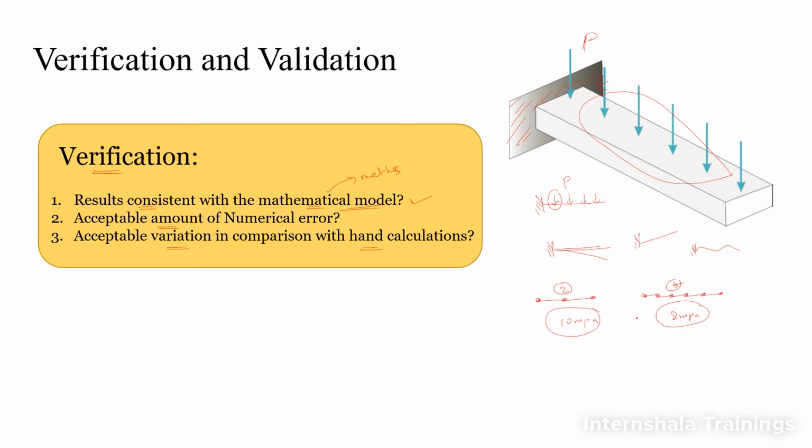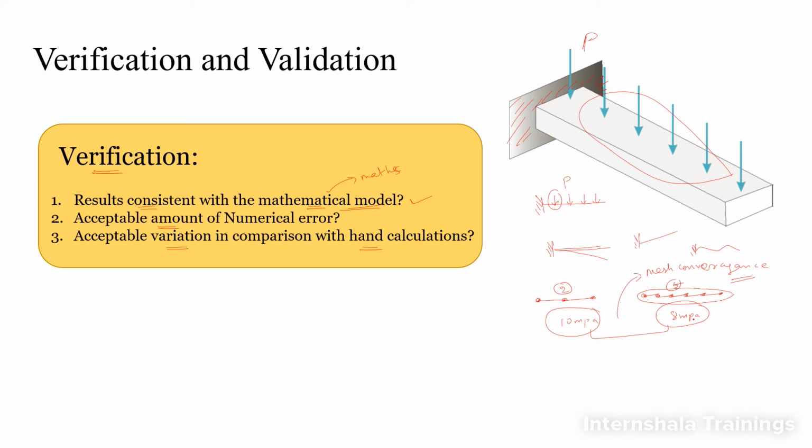No. This is because of the numerical error that is introduced when we try to solve this particular problem. In order to avoid this, one method is what is known as a mesh convergence study, where we mesh this model with different amounts of mesh and see whether we are getting consistent results between two meshes or not.